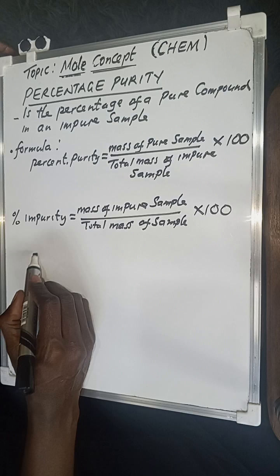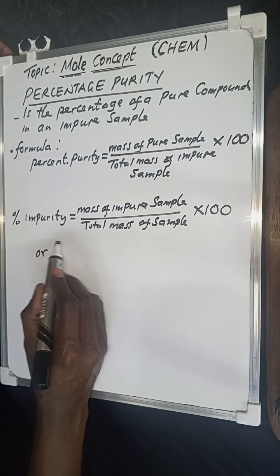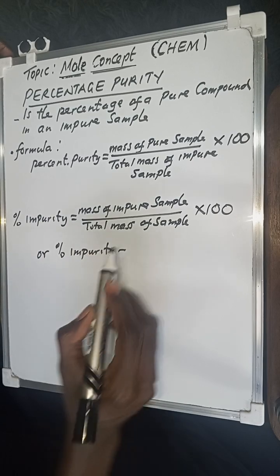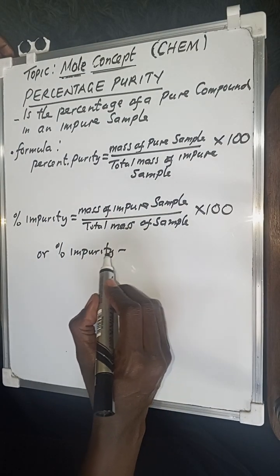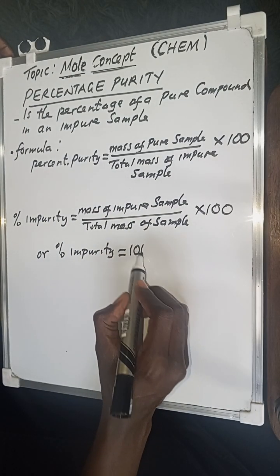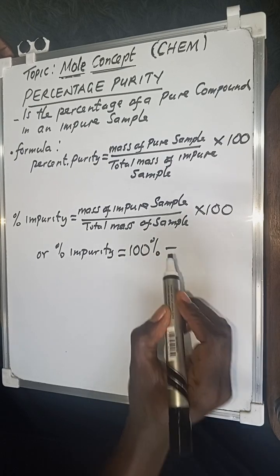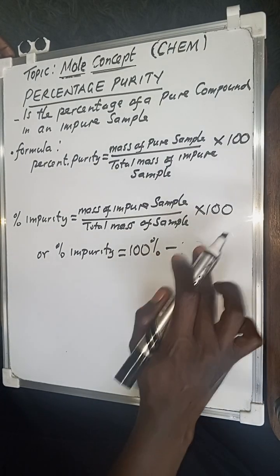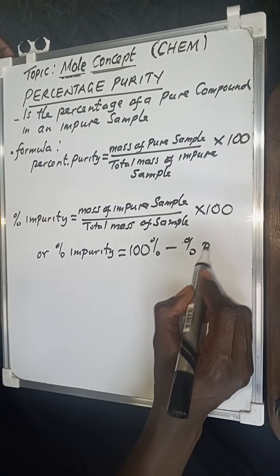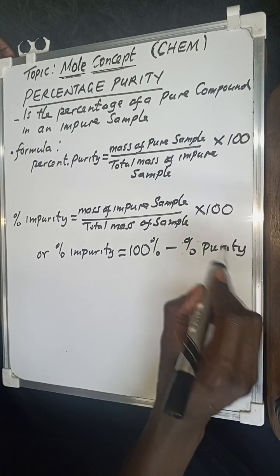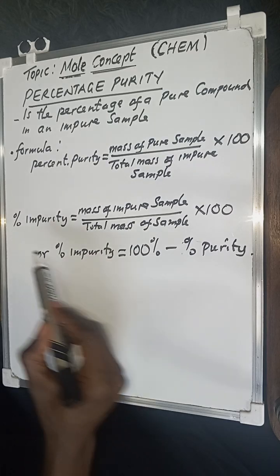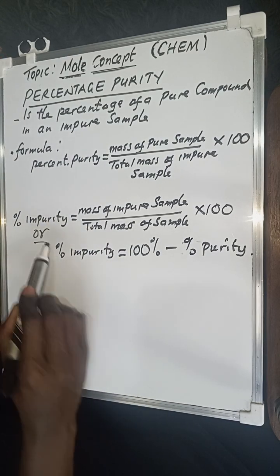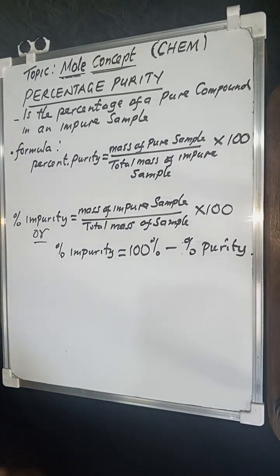Alternatively, the percentage impurity will be just 100% minus the percentage purity. So if you know how much pure substance is there, you can also get the percentage impurity by applying that formula. That is what we mean.